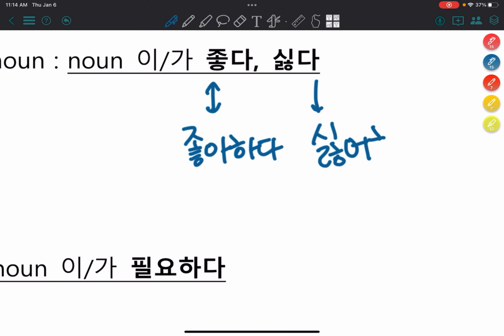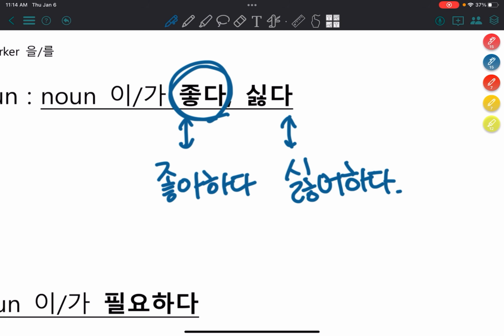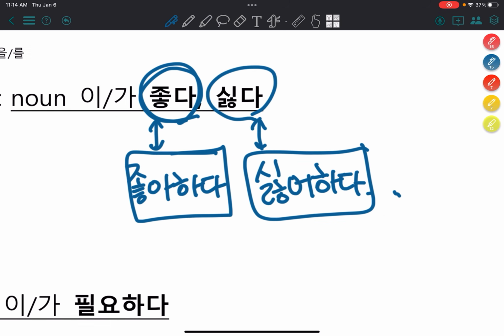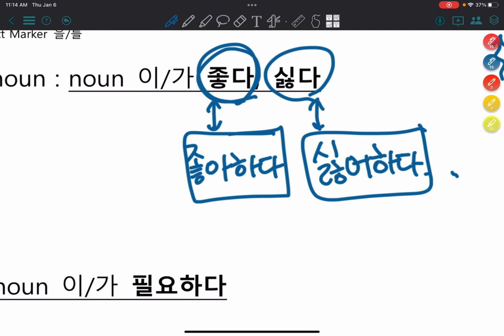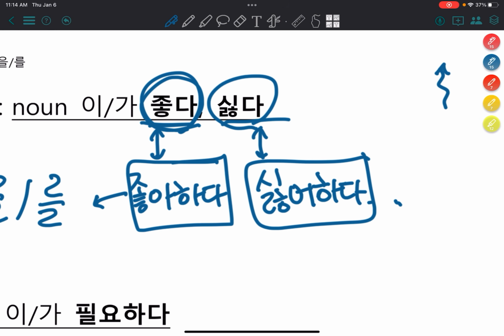I actually have a separate lesson where I explain the difference between 좋다 and 좋아하다, 싫다 and 싫어하다. You can find it in the part above here. But basically, 좋아하다 can have an object in a sentence, unlike 좋다 and 싫다.